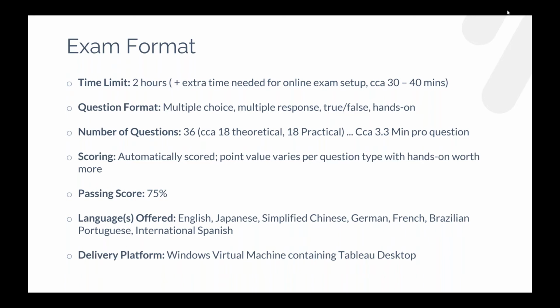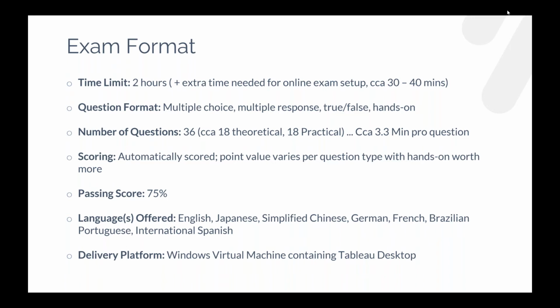In the certified associate, in total there are 36 questions. It is approximately 18 theoretical and 18 practical questions, but it doesn't have to be exactly 18. It might be a bit more or less, but it is always going to be only 36 questions.